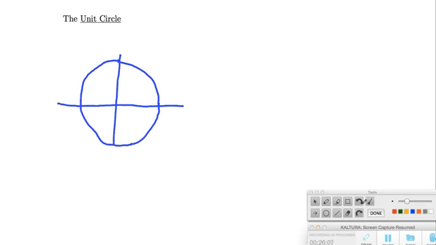So just drawing the best circle I can there. Use your imagination. Okay, so there are some common angles that people are interested in that we're going to memorize the cosine and sine for. And these can be worked out in a similar fashion as the last example.